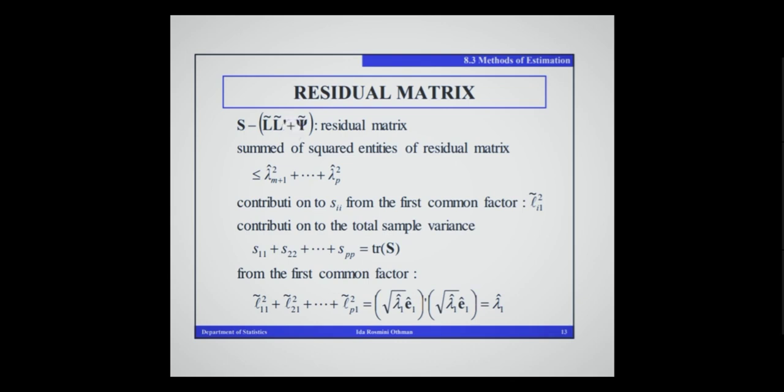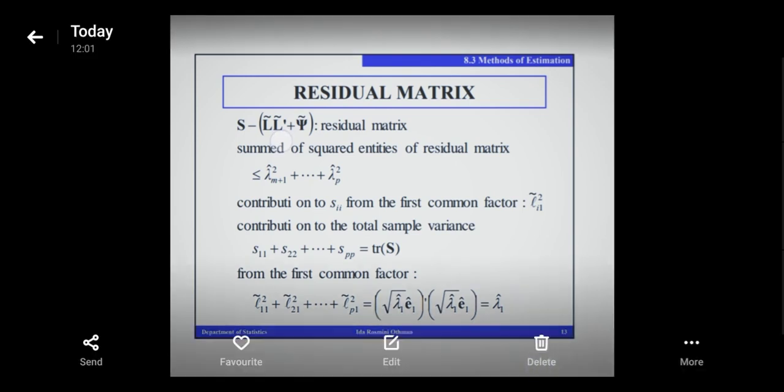Kenapa kita kena cari residual matrix? Because kita nak tengok whether, macam saya cakap tadi lah, kita nak jawab persoalan whether the number of factor that we select or that we choose is adequately represent the data or not. So to know that, we need to find the residual matrix.